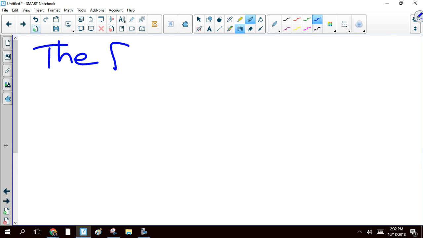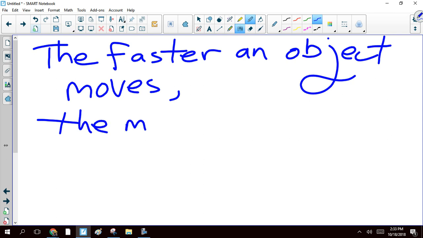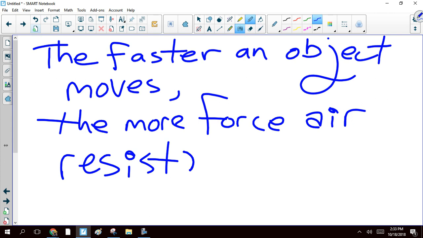The faster an object moves, the more force air resistance exerts.